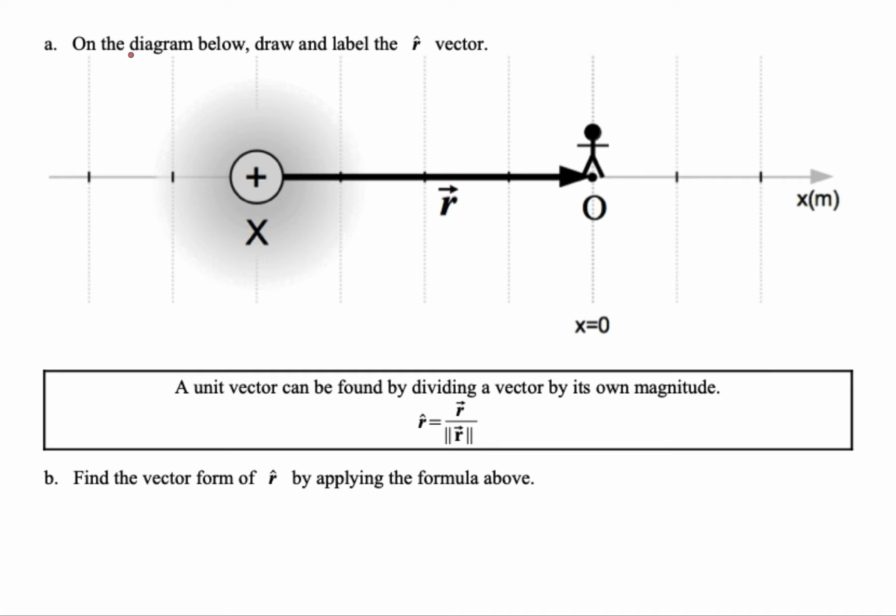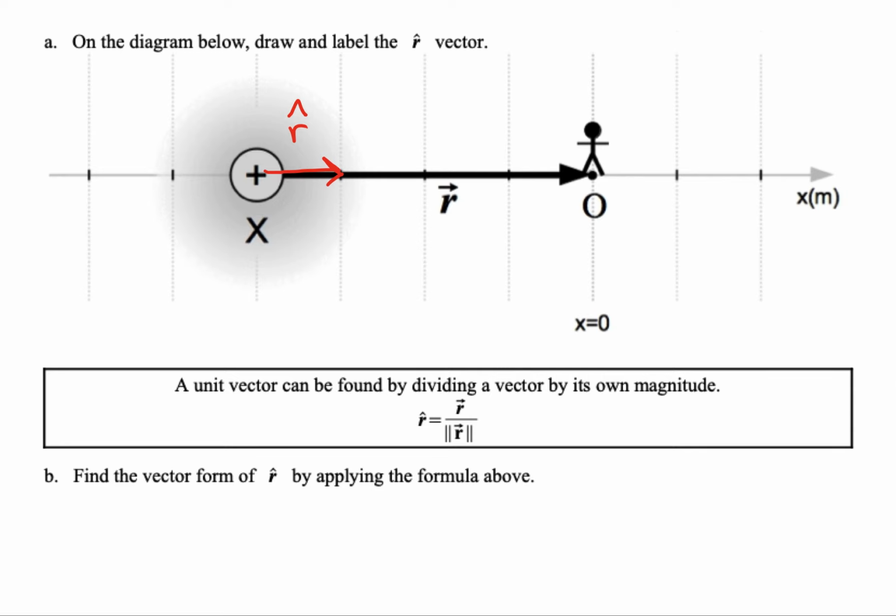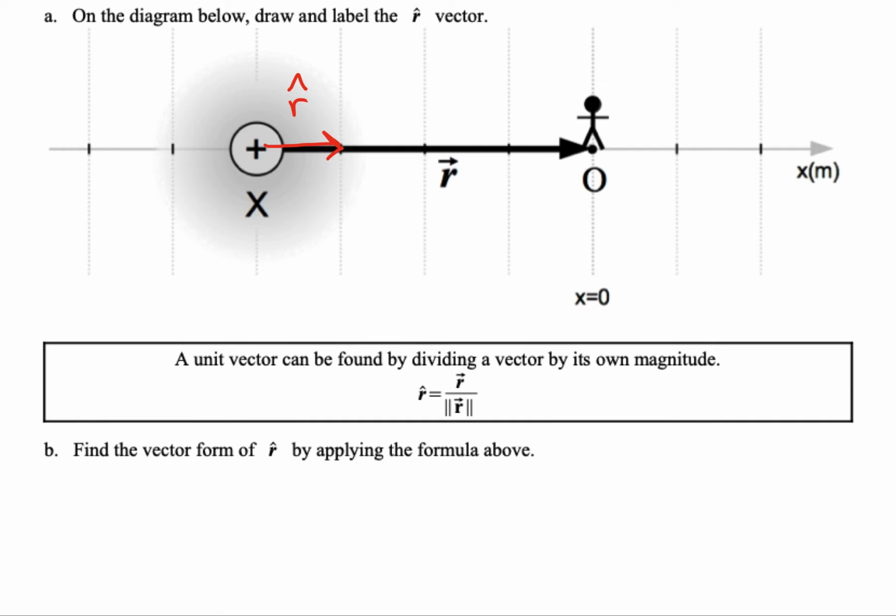So once again, let's draw and label the r hat vector. And now we'll do an interesting mathematical exercise here. We'll find r hat by dividing r vector by its magnitude. The double lines around a vector mean what is the size or length of the vector.